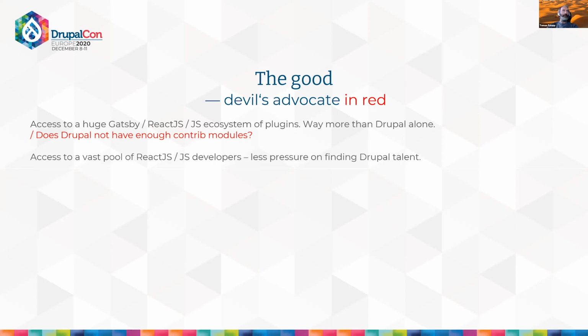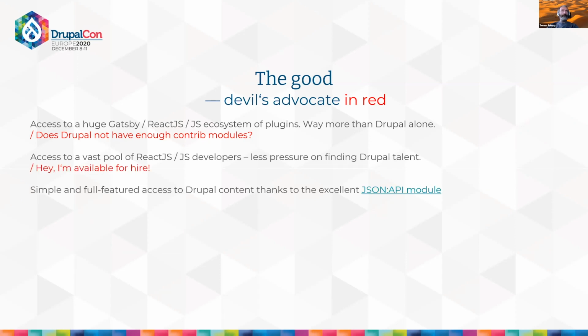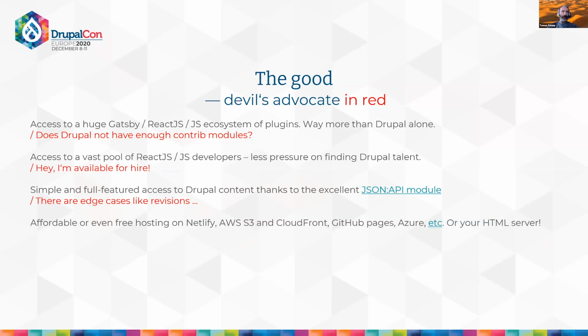Even better, you also have improved access to developers. There are so many React.js developers, so you have less pressure finding Drupal talent. The access to the content is so simple using the JSON API module. There are edge cases like revisions and so on, but the JSON API module is improving constantly.